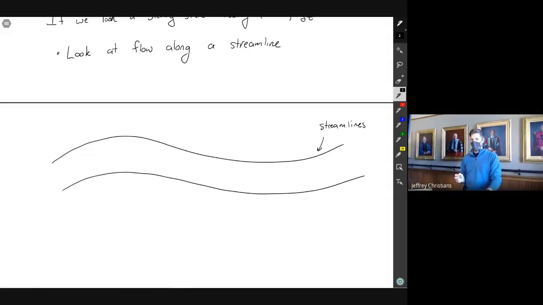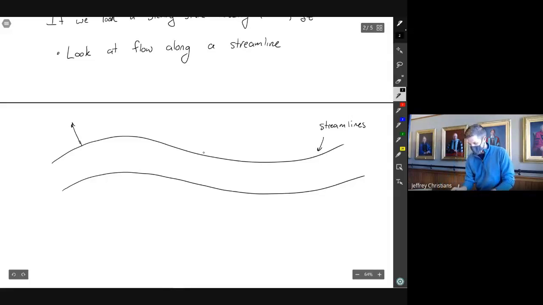We're going to attach axes, like what we did when we were looking at an accelerating or moving control volume. We attached axes to the control volume. We're going to do the same thing, and attach axes to a particle as it moves along our streamline.